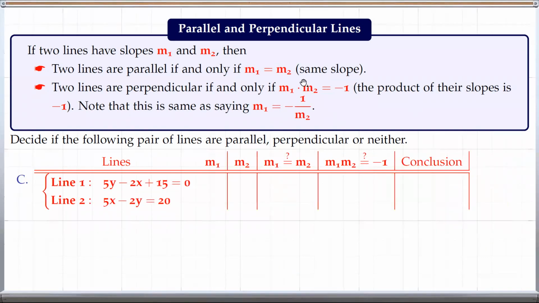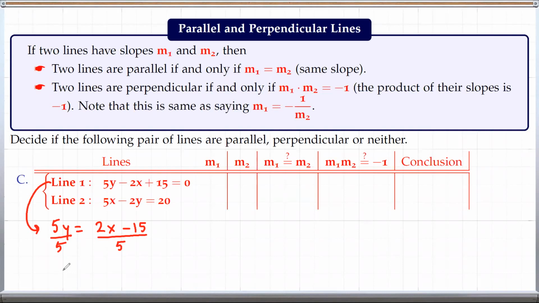Let's look at this example now. Again, we need to find the slopes m1 and m2 for these two lines. So first, let's work on the first line. To find the slope, we need to isolate y on one side. So we can first add 2x to both sides and subtract 15 from both sides. Then we can divide both sides by 5 since we want to have just y on the left side.